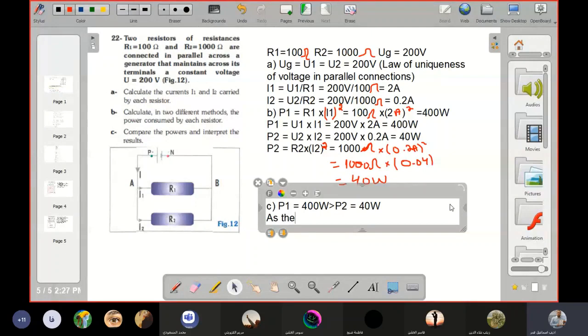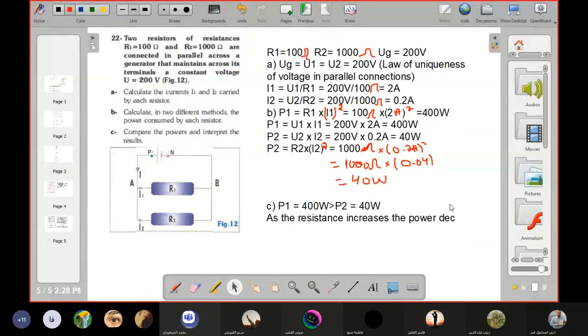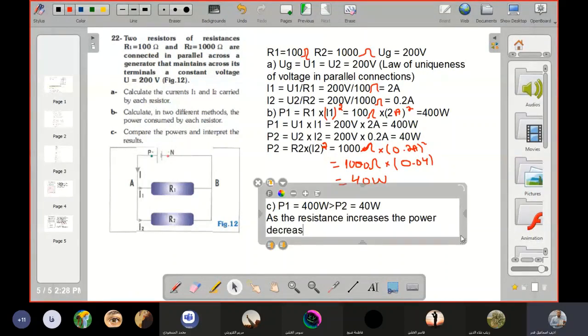As the resistance increases, the power decreases, and vice versa.